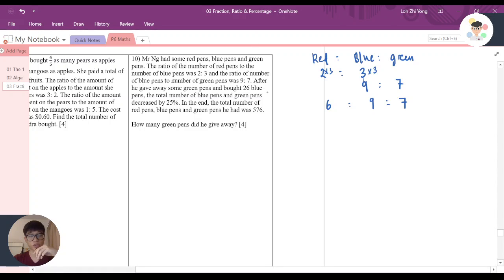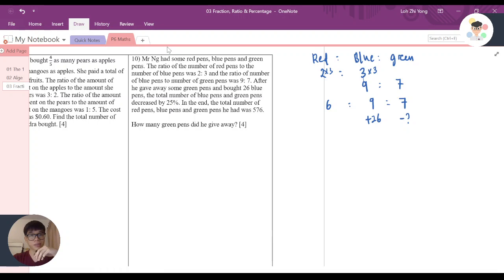And let's look at the question here. After he gave away some green pens, I don't know how many, and bought 26 blue pens, the total number of blue pens and green pens decreased by 25%.